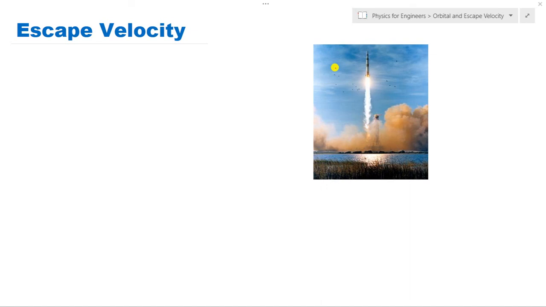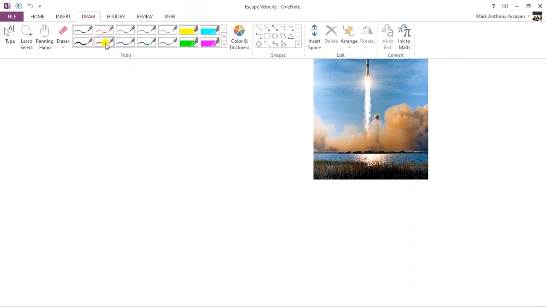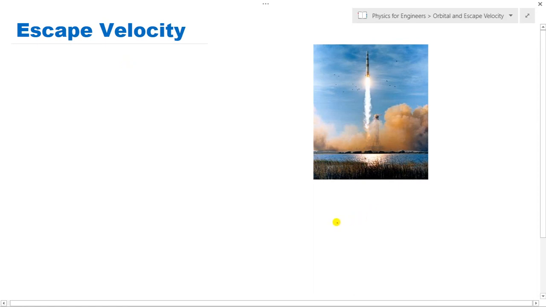So, in order to understand or in order to get the formula for the escape velocity of our rocket or our satellite, we need to derive it. So, in order to derive it, class, atong i-illustrate ang system or ang interaction between our Earth and the rocket.